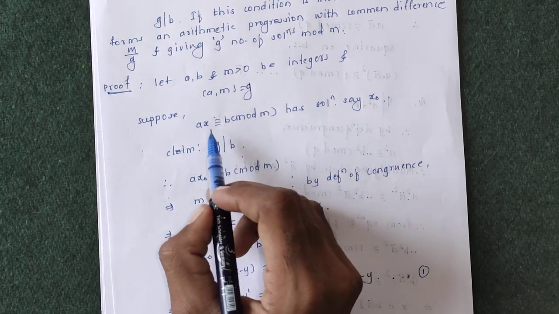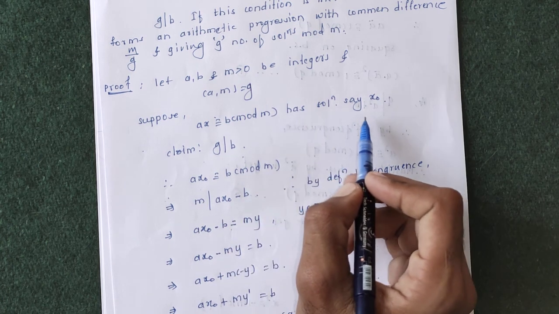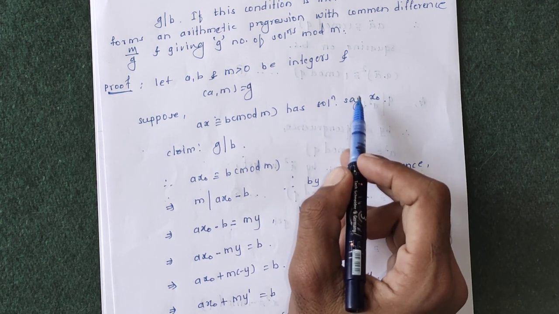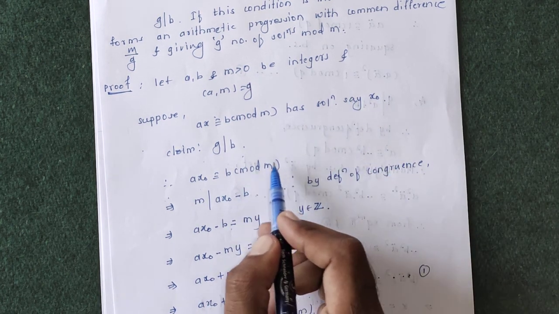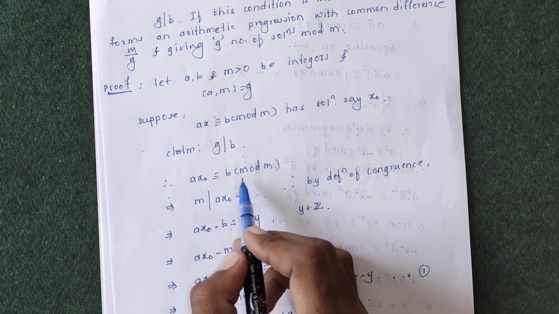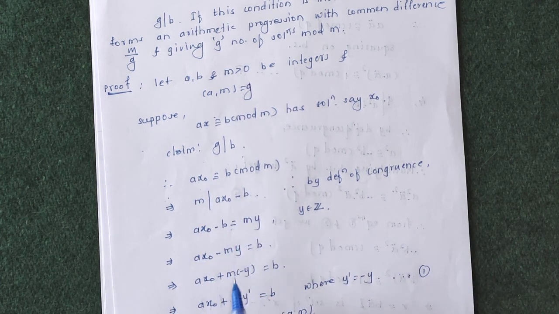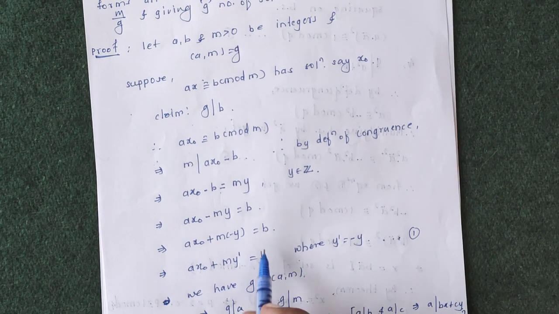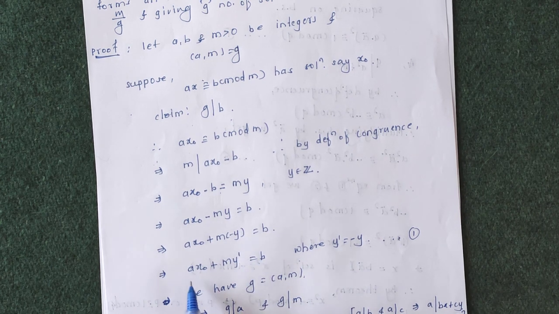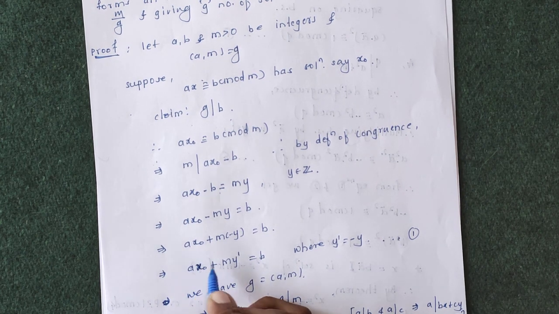So supposing Ax is congruent to B mod M has a solution, let that solution be x naught. Using the definition of congruence on Ax naught congruent to B mod M, and the definition of divisibility and rearranging, we get the value of B as Ax naught plus My prime.